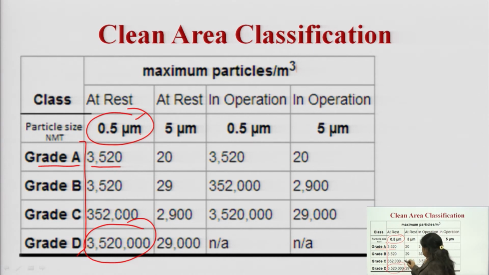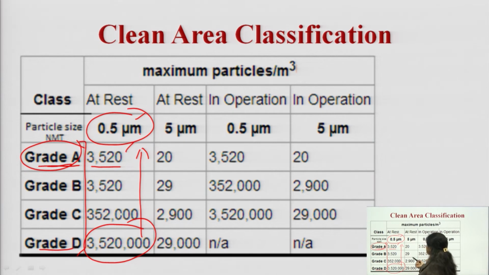As we move from this area towards this area, the number of particles decreases from 3 lakh, or 330 lakh, towards 3000. So the number of dust particles allowed within the grade D area is much more as compared to grade A. Grade A is called the aseptic area, in which a minimum number of particles are allowed.